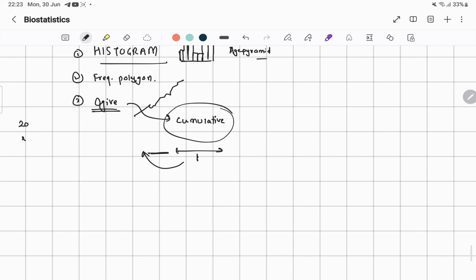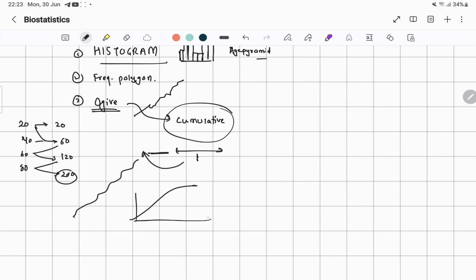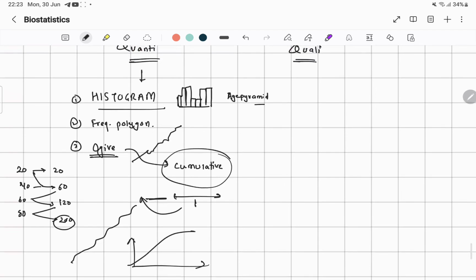For example, 20, 40, 60, 80. So cumulative 20, here cumulative 60, again cumulative 120, again cumulative 200. So an ogive will be made. This is the ogive chart, also a method of representing quantitative data.